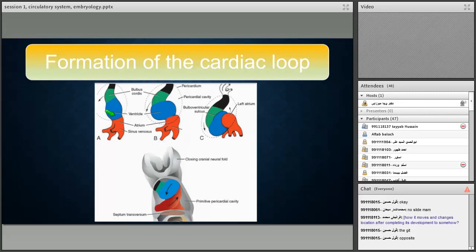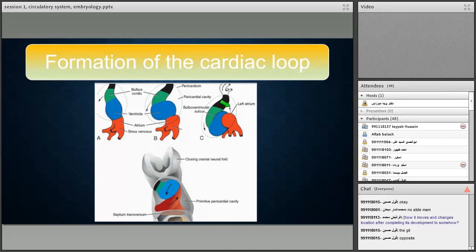Dorsally, cranially, and to the left. Yes, opposite. So, this part bends ventrally, caudally, and to the right. The atrial portion bends dorsocranially, look here, dorsally, cranially, and to the left.